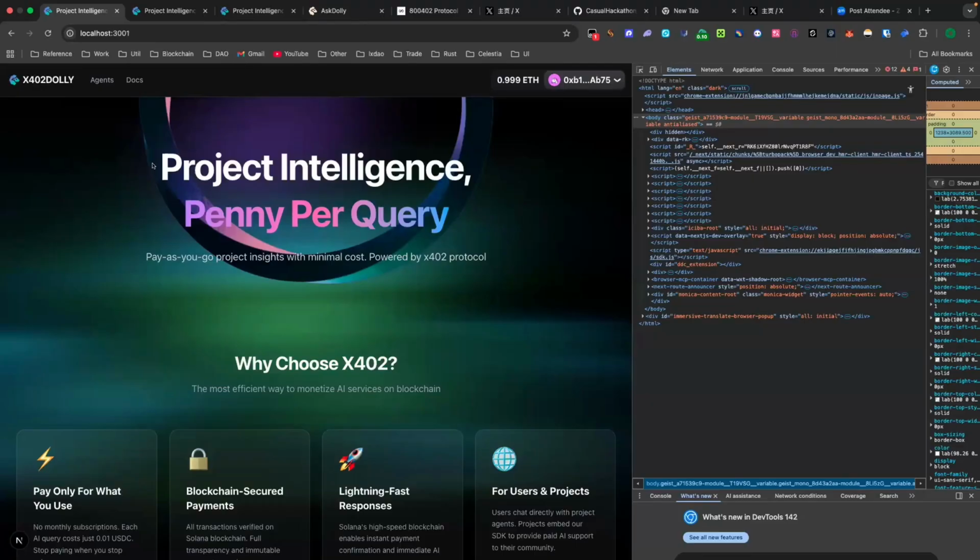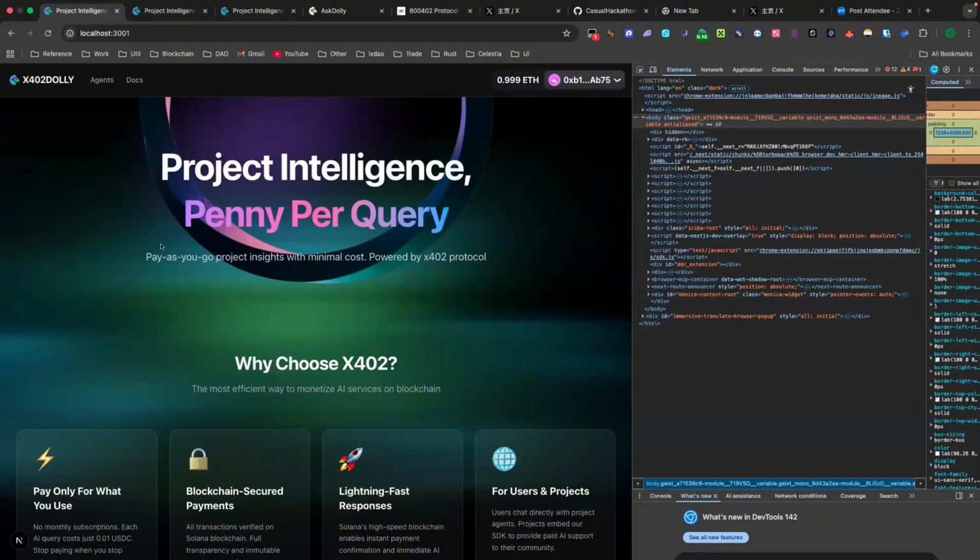For example, our fee for Ask Dolly is $10 a month, but most communities don't have many users asking questions, so they want to calculate the fee by the user's message.